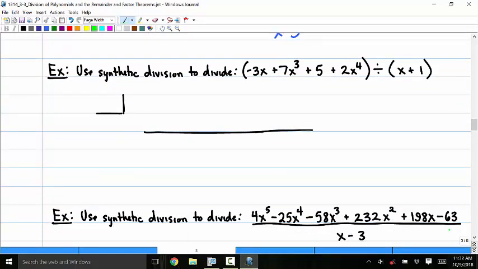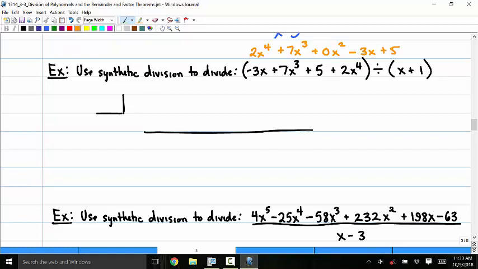All right, first thing to notice, this is not written in decreasing powers of x. So I'm going to do that first. And I have a 2x to the fourth, 7x cubed. Do I have an x squared? No, so I'm going to put a 0x squared, a negative 3x, and a plus 5.